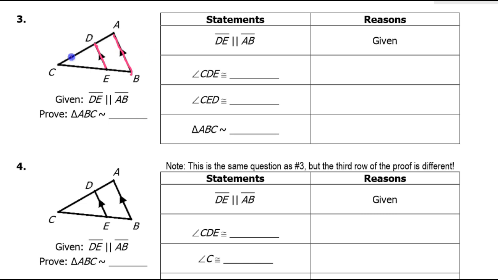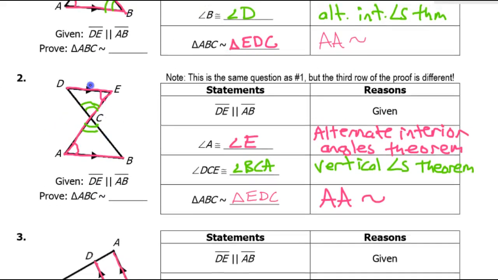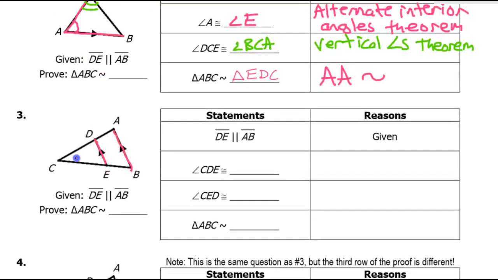Parallel lines lead to congruent angles. So, this is a different situation though. There are two situations where parallel lines give you congruent angles. Sometimes you can form a Z, which is what we were doing right here, some kind of a Z, even if it's backwards. And sometimes it will form an F.